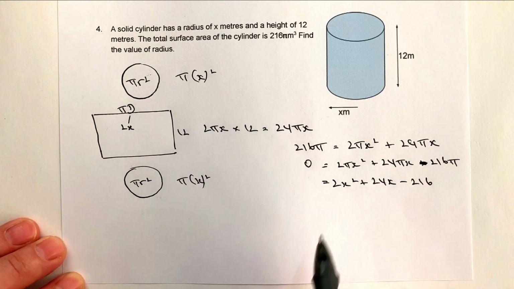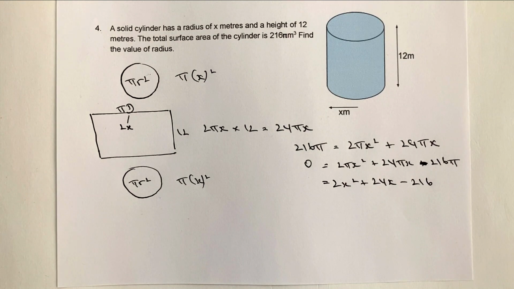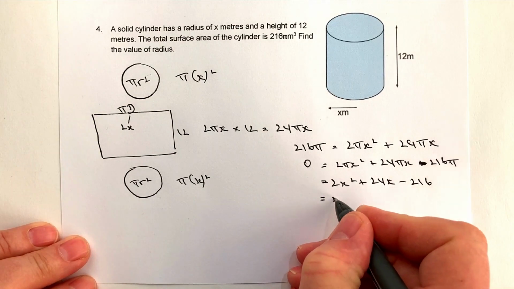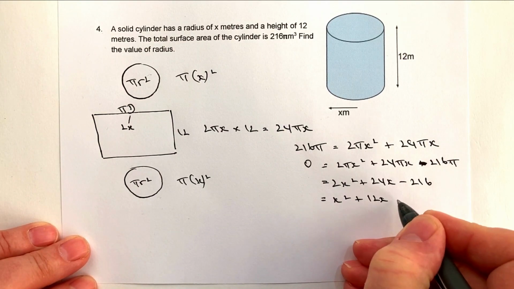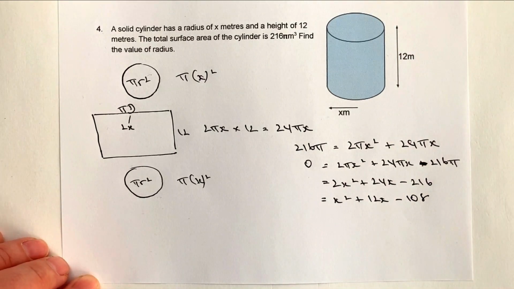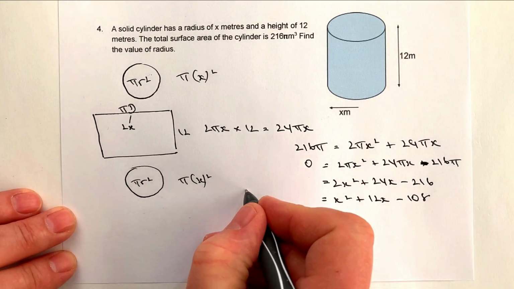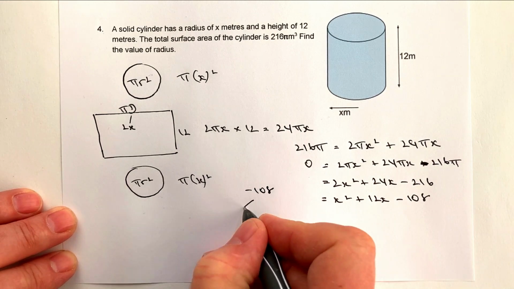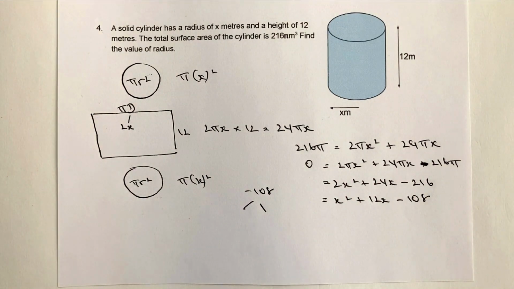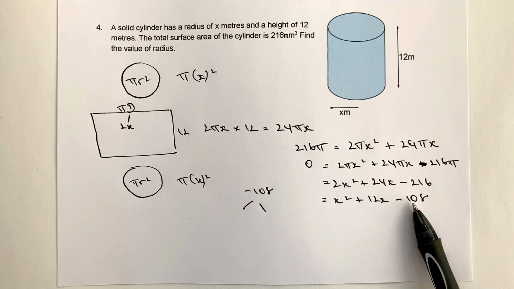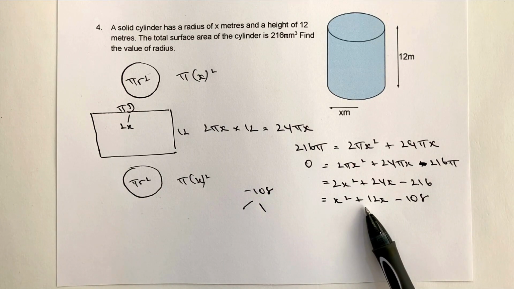Okay. All right, so next stage then is to get rid of the 2's or divide through by 2, because if I do that, it just makes my number a little bit simpler to deal with. I'm going to get x squared plus 12x minus 108. And then really it's a case of factorising this. Now you might recognise that you've got minus 108, and what I'm looking for is two numbers that when I multiply them together make minus 108, and when I add them together make plus 12.